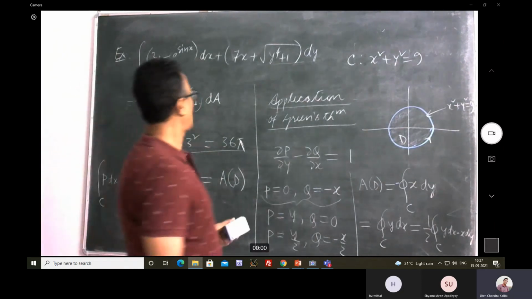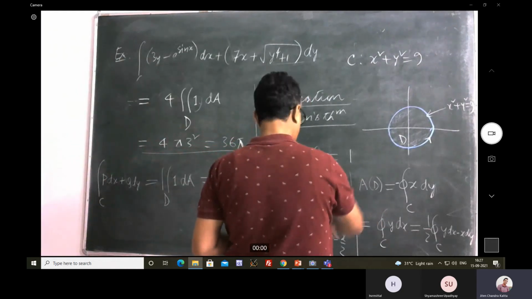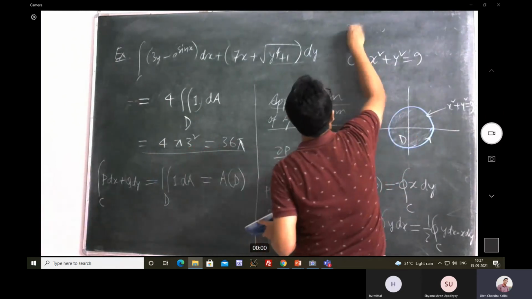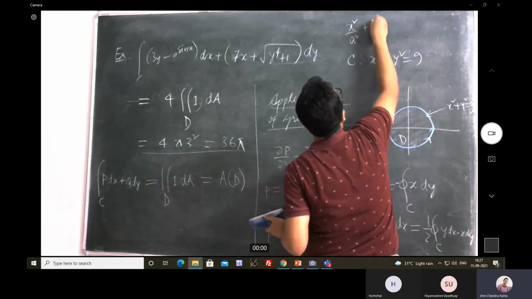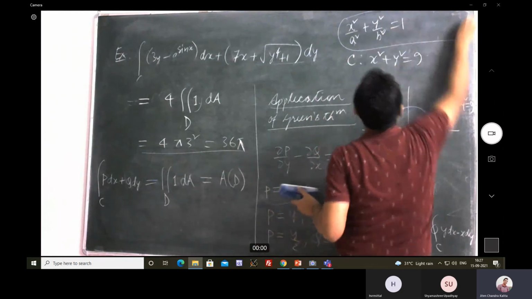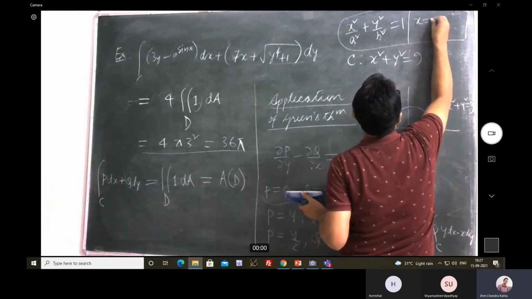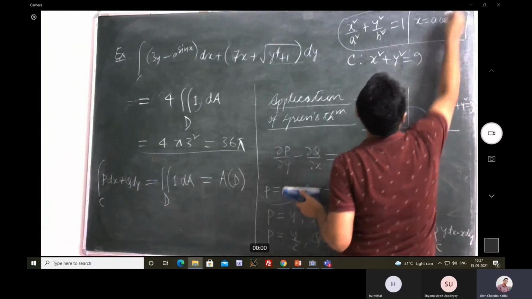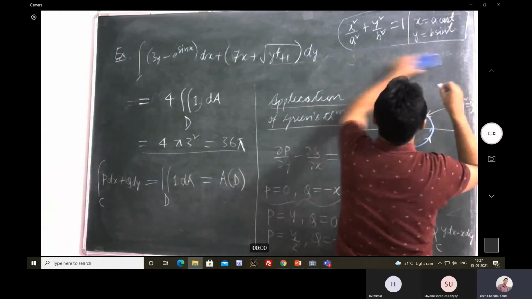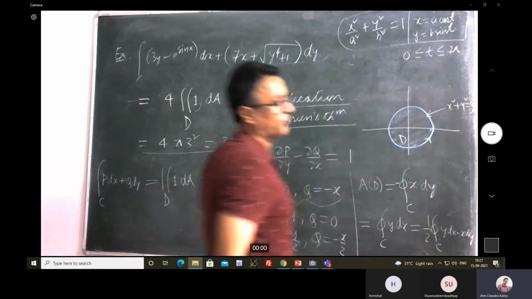Okay. So I am giving you the homework. Using any of these three formulas, find the area of the ellipse. What I'd like you to do is simply use this one. The parametrization is x equal to a cos t, y equal to b sin t, and t goes from 0 to 2 pi.